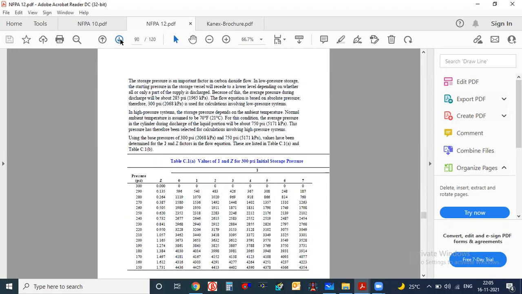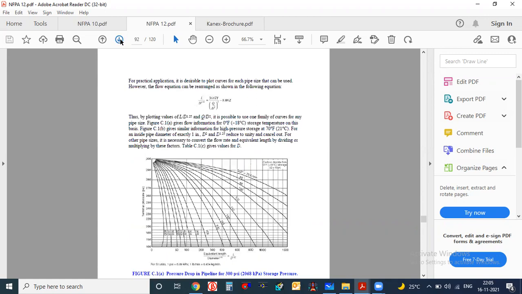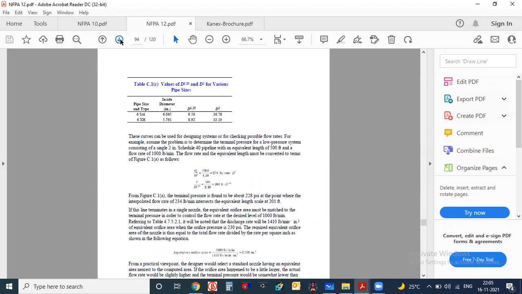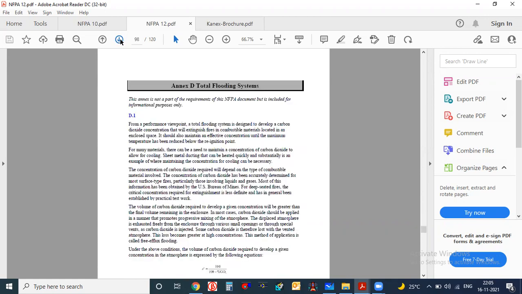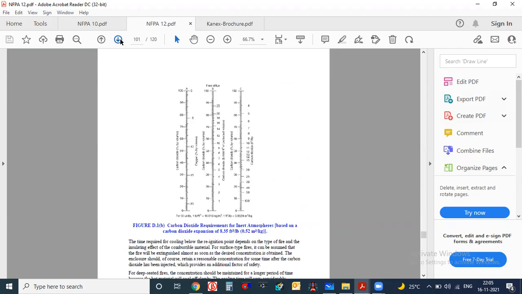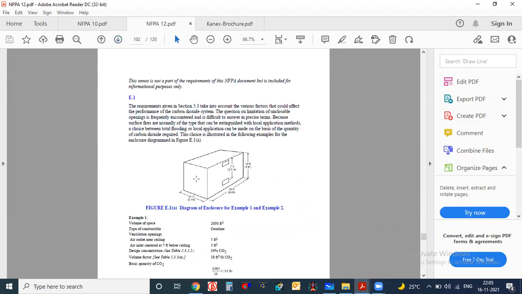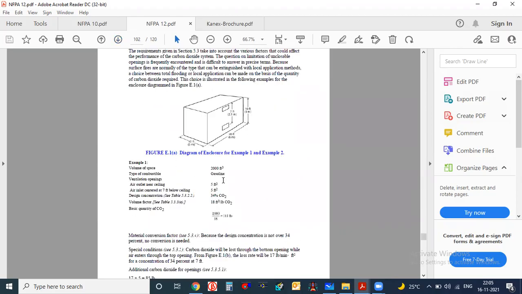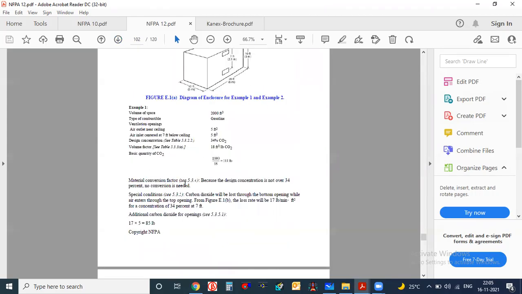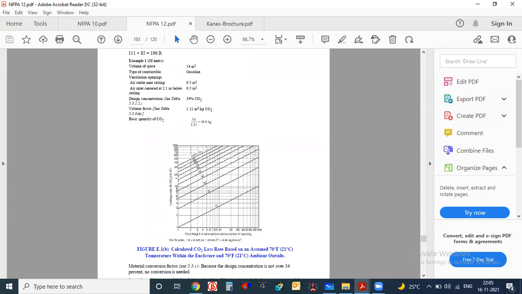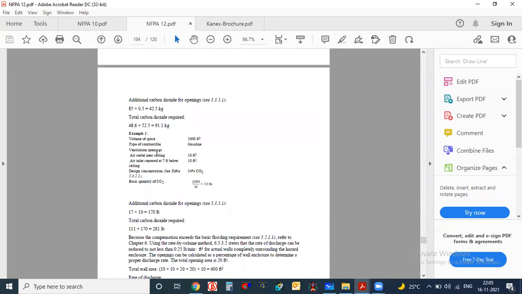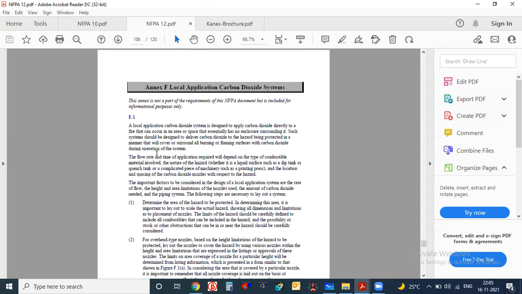I don't find this NFPA 12 very useful to us. Some things are given here. If you go through that, you can get certain knowledge. They have even given certain examples also. How to get the quantity of carbon dioxide is also given here. You can check this also.